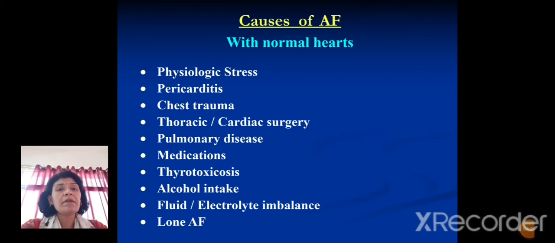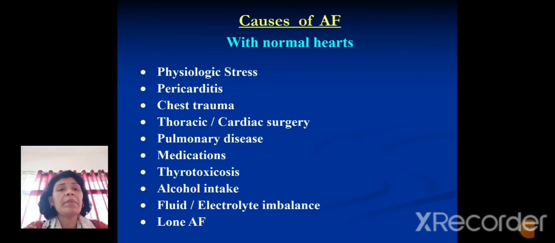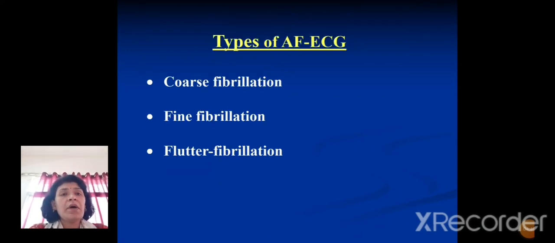Some drugs precipitate atrial fibrillation. Thyrotoxicosis can lead to AF, as can alcohol intake and fluid electrolyte imbalances. There can also be atrial fibrillation without any obvious precipitating factor or structural disease, which is called lone atrial fibrillation.